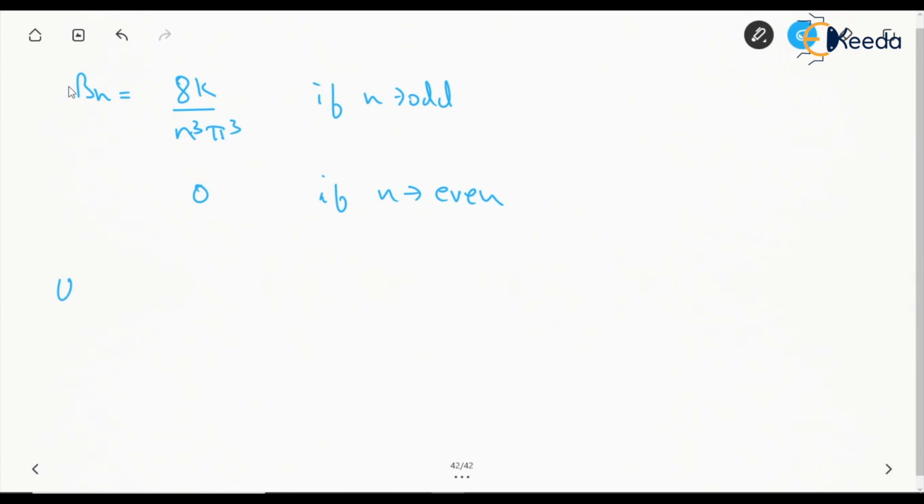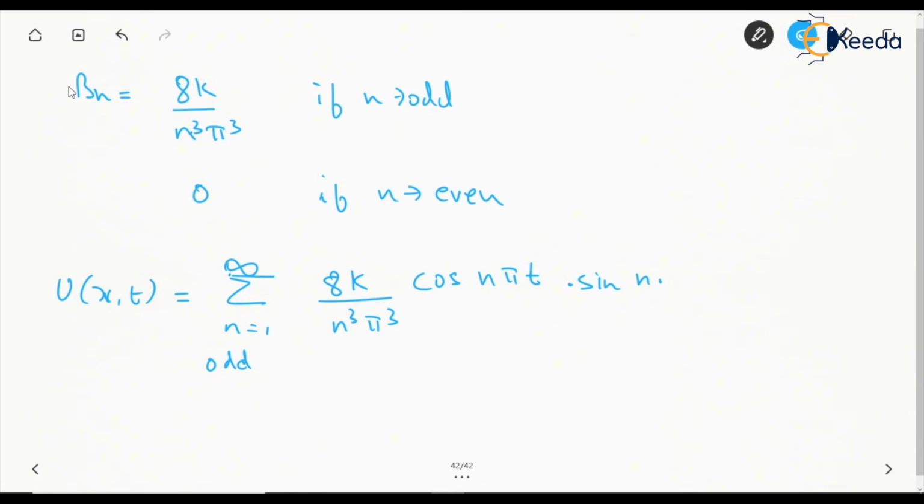And so the u of x,t we were calculating will become, from n equal to 1 to infinity, with the condition that n is odd, and for even it is going to be 0, 8k by n cube pi cube into cos n pi t, because lambda n is c n pi by L, and c is 1, L is 1, so this becomes cos n pi t into sine n pi x, right?